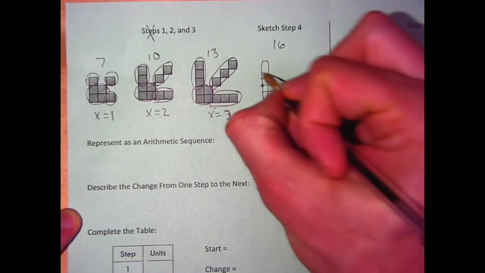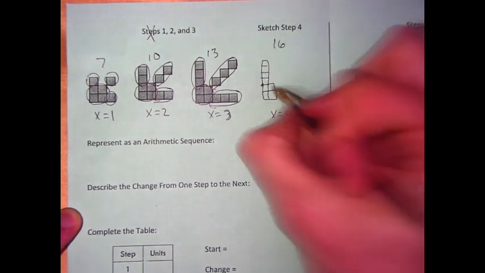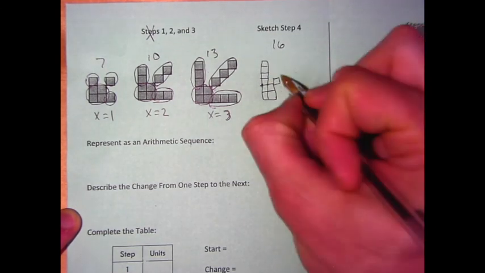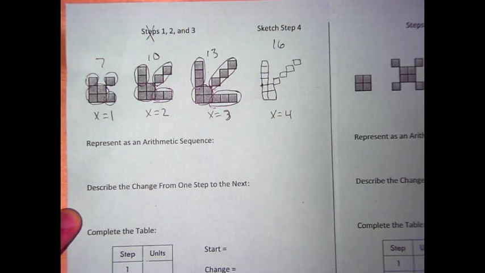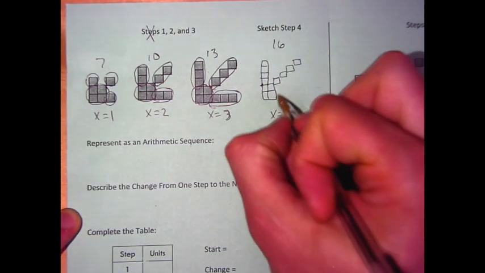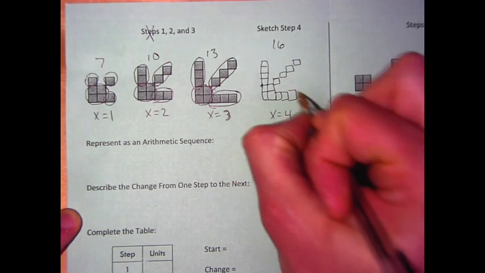So we'll go 1, 2, 3, 4, for each of the three arms.